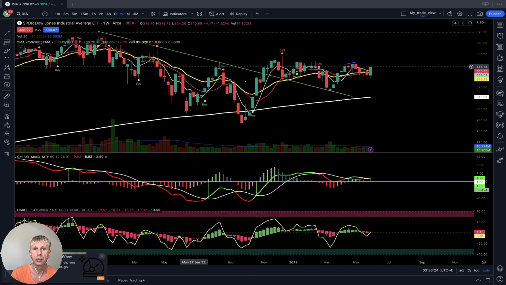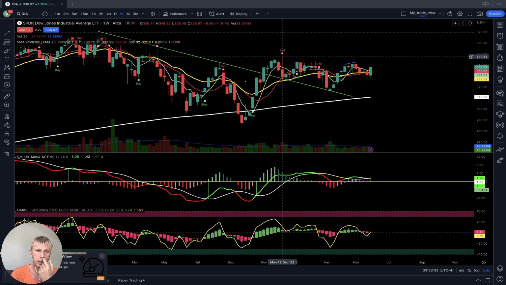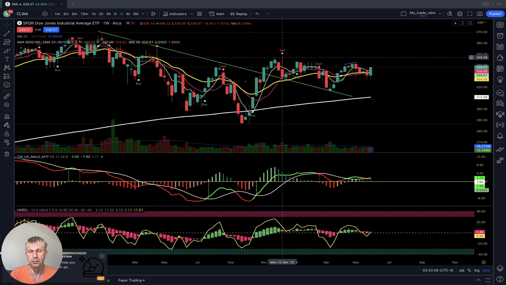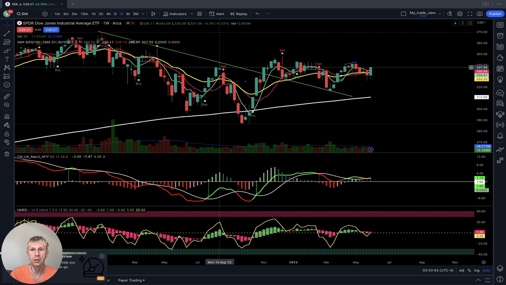Dow, you see also. This is the April 2022. It almost touched here, but didn't test this level. It almost tested in December. This is the August high. But it's still at the same level.